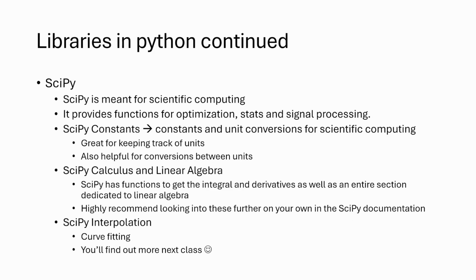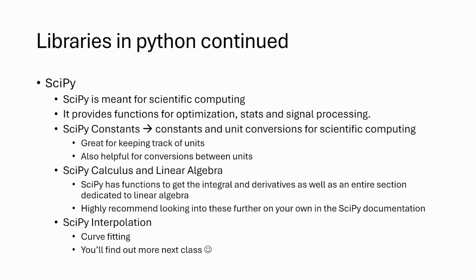Then we have SciPy. So this is for scientific computation, and it has a lot of the sort of signal processing and statistical and data handling, data manipulation functions that we need, as well as doing things like numerical differentiation, numerical integration, doing linear algebra, things like eigenvalue solvers.